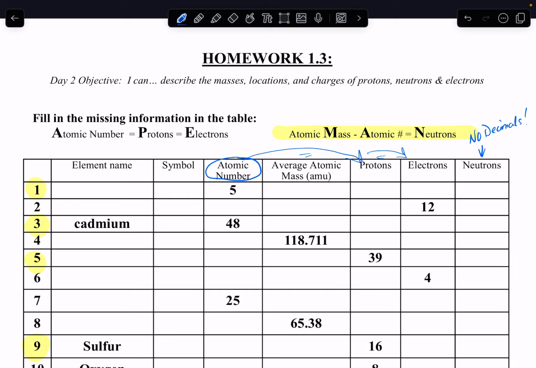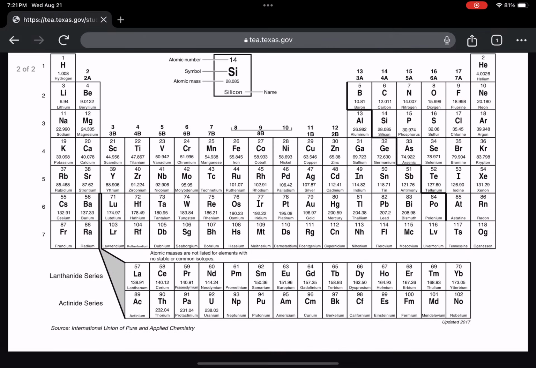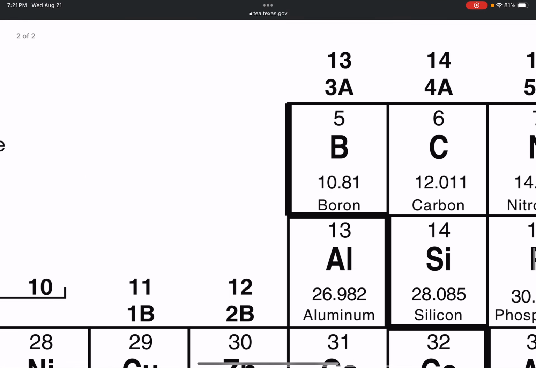Okay, your atomic number is going to be equal to the number of protons, which is equal to the number of electrons. So if I look at number 1, my atomic number is 5. That means I have 5 protons and 5 electrons. To find the neutrons, I need the average atomic mass, and I have to round that to make it whole. So I'm going to go find atomic number 5. Where are we at? 5, right there. That's boron.